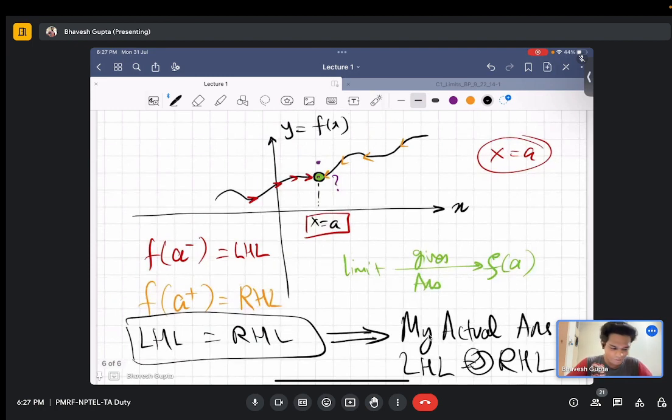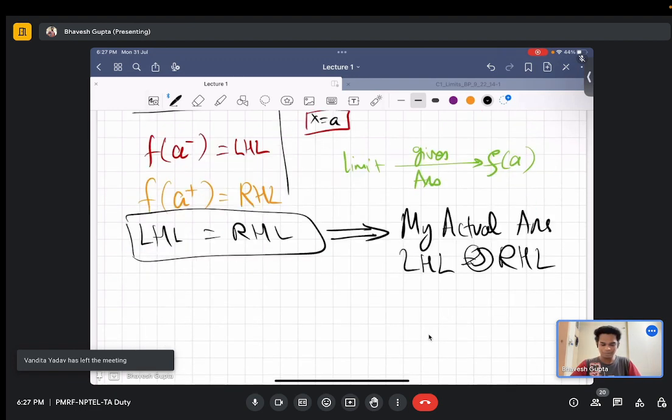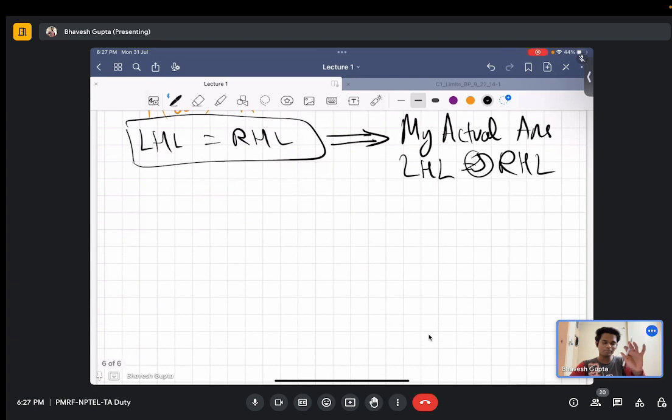So the idea is that if you are trying to understand the behavior of a system at a particular point which you cannot get access to, you try to understand the behavior in the vicinity of that point. From that analysis you can claim what happened exactly at that point.